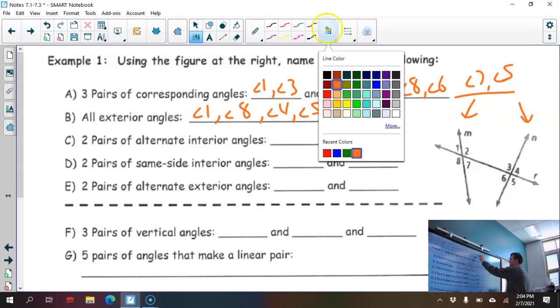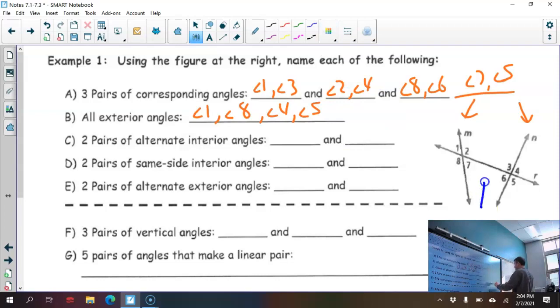So we want to go interior, that'd be between the lines, and on alternate sides of the transversal, that would be angle 2 and angle 6, right? Those guys would be alternate interior angles, and the other would be angle 3 and angle 7.